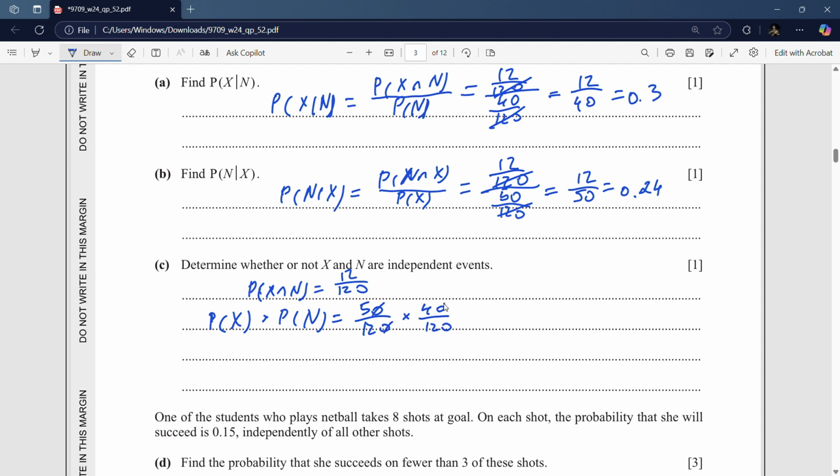So zeros will cancel each other, and it's 5 over 36. And we know that they are not equal, so it's not independent. But if they were equal, they would be independent events, as the outcome of one event is not affecting the other. But here, in this case, it is affecting.